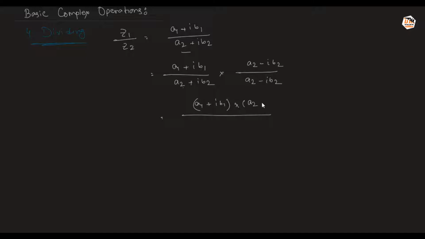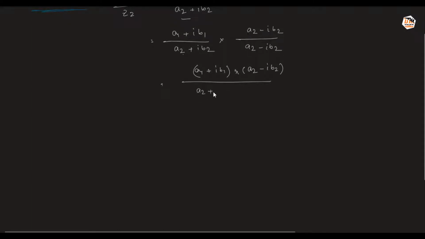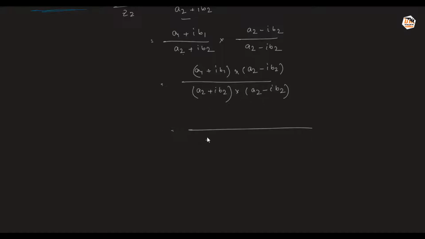Here is the same, into a2 minus i b2, and in the lower section a2 plus i b2 into a2 minus i b2, which is equal to a2 into a2, that is a2 square, a2 into this, so minus i a2 b2, then i b2 into this, plus i a2 b2, and i b2 into minus i b2, so that is minus i square b2 square.